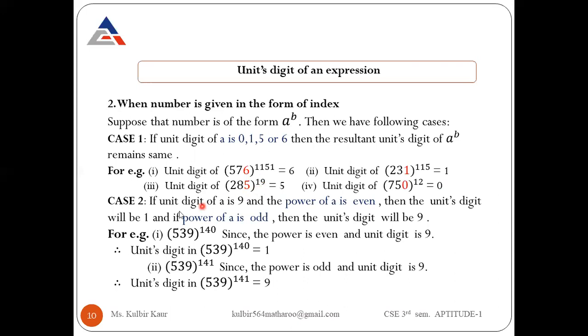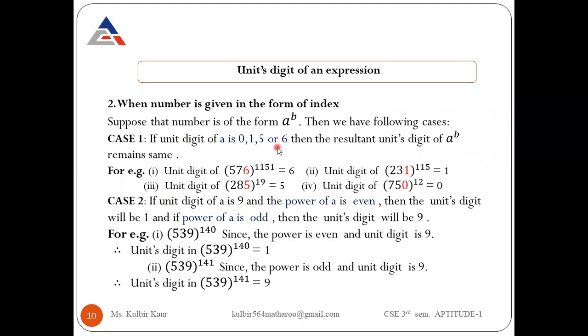Okay, beta, very good. So after case number 1, we have a second case. Now what is case number 2? If unit digit of A is 9. Whenever the unit digit of A is 9, then in this case, we have to check the power. Again, have a look at case number 1 and 2. When unit digit is 0, 1, 5 or 6, then there is no role of power.